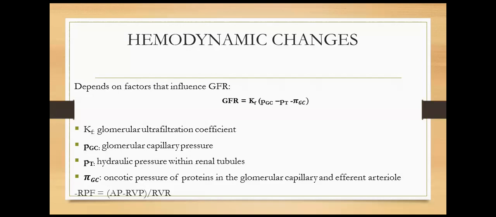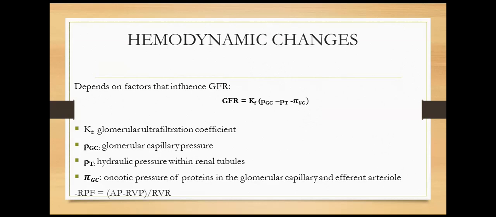And just for you to know, the KF is the glomerular filtration coefficient, the glomerular capillary pressure being PGC, and then your hydraulic pressure within the renal tubules in your PT, and your oncotic pressure of proteins is also in the formula, which reflects glomerular capillary and efferent arteriole. It is very important to know that the PGC depends very much on the renal perfusion, which is calculated from your aortic pressure minus your renal venous pressure over renal vascular resistance.